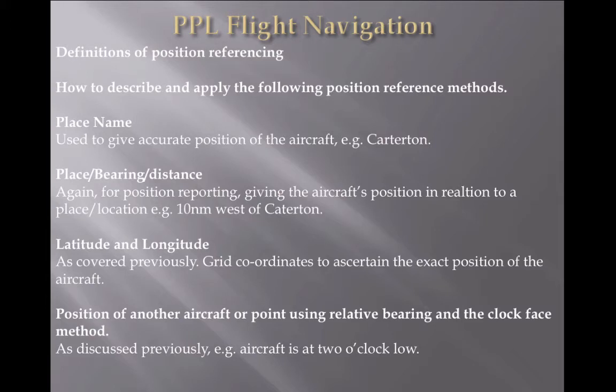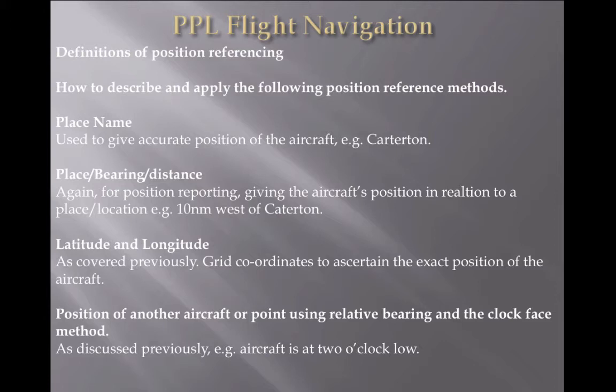Place names, very obvious. Place, bearings and distance, again for position reporting, given the aircraft's position in relation to a place or location. So 10 miles west of Carterton, for example. Latitude and longitude, we did that in the last video. You should have nailed that by now, and if you've done the revision questions for lesson 1 part 1, then you wouldn't have moved on to this unless you got 100% in those, so we won't need to go through that.